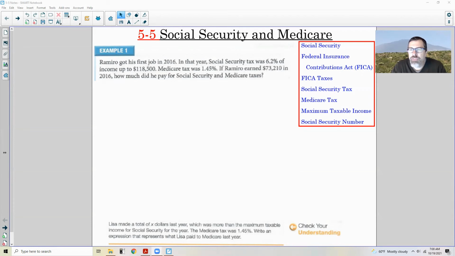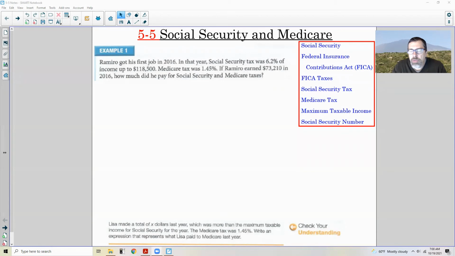Then there's the Federal Insurance Contributions Act, FICA, and Social Security was established in that act. It provides income for people after they retire, and also disability and death benefits. FICA taxes are a certain percentage that is allowed to be taken from you.